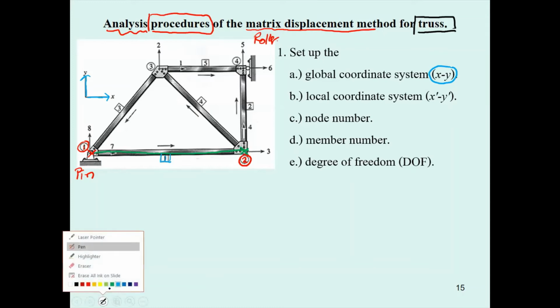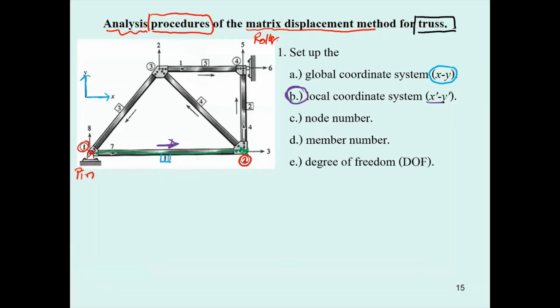The computer will know the local coordinate is in this direction. So the global coordinates x, y are specified by putting the point, dragging along the line, and releasing the mouse over here. You also know the node number and the member number.